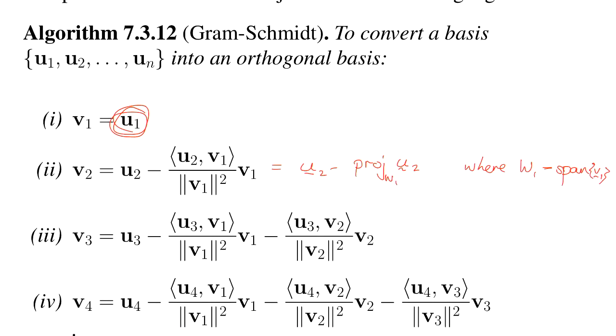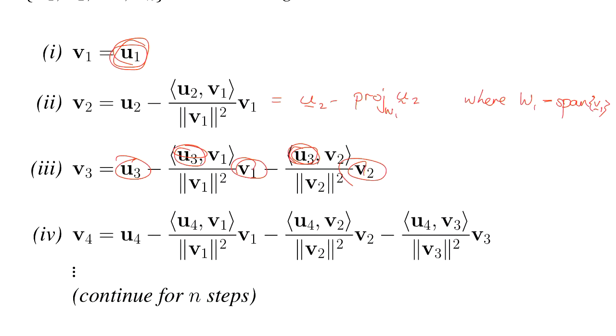So you choose V2 to be basically U2, but you've got to subtract the bit of U2 that's poking in the U1 direction. And then you do the same thing for V3. You let it be U3, but you subtract off the bit of U3 that pokes in the V1 direction and the bit of U3 that pokes in the V2 direction. And then you let V4 be U4, but you've got to subtract off the bit of U4 that pokes along V1 and the bit of U4 that pokes along V2 and the bit of U4 that pokes along V3.